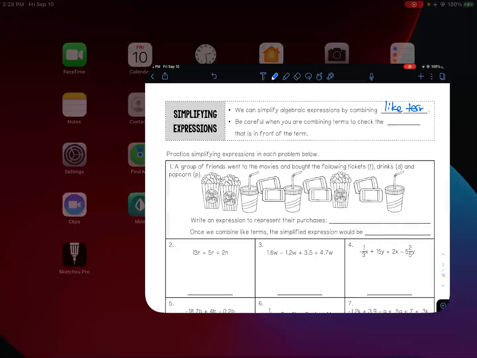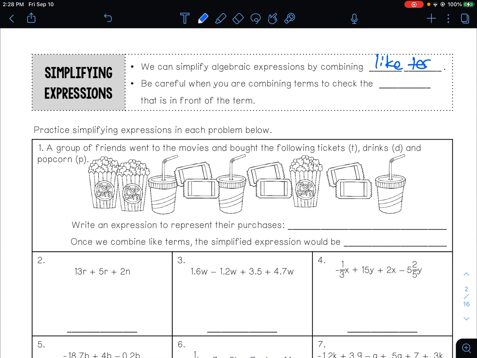So I can simplify by combining the like terms, but be careful when you are combining terms to check the signs. And when we mean signs, we mean the plus and the minus signs that are in front of the term.